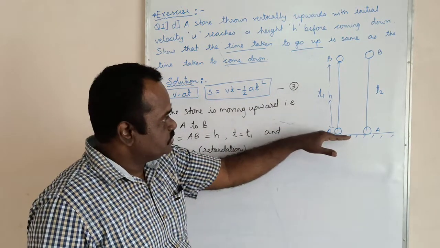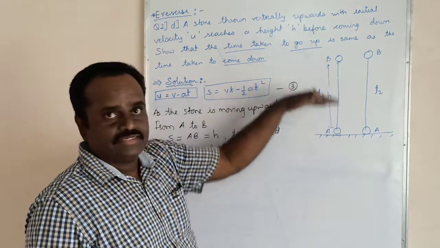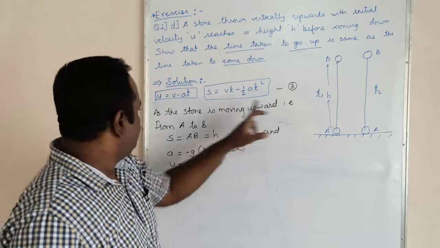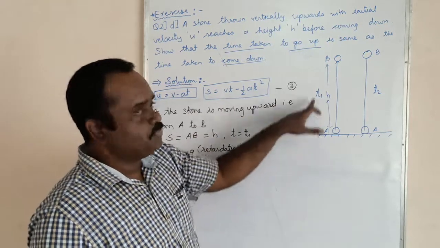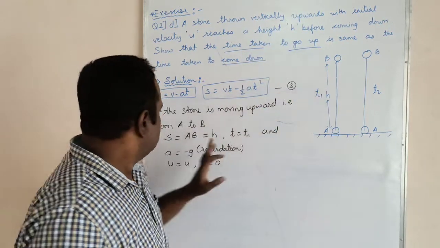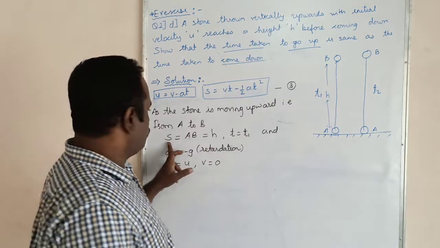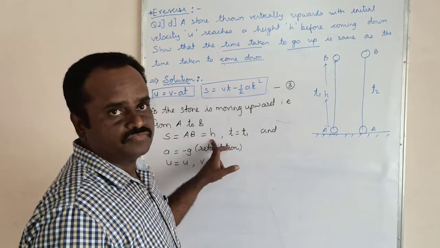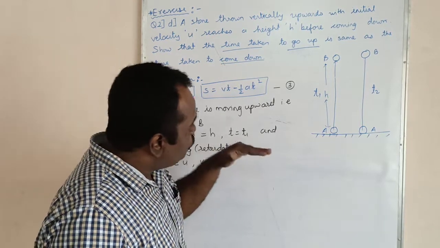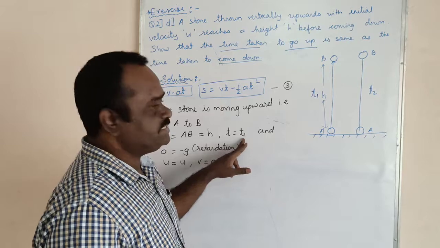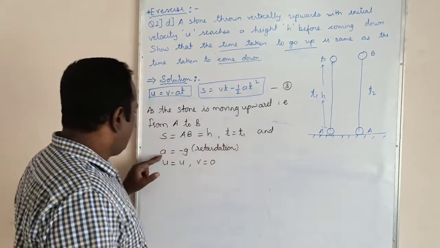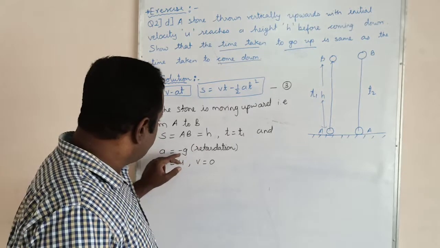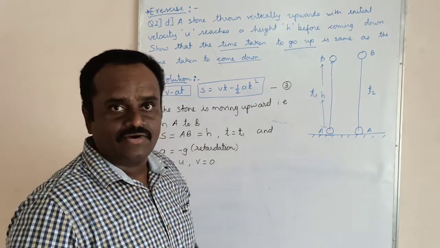Now, as the stone is moving from A to B, that is upward, the displacement is from A to B, and how much is the displacement? h. The time taken for going up, let us take it as T1.